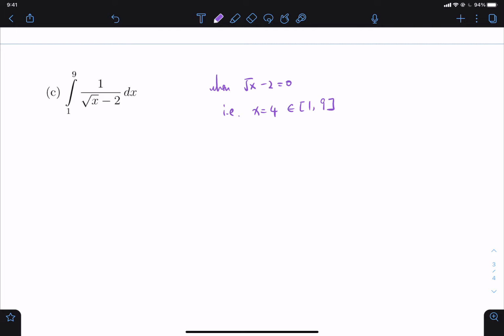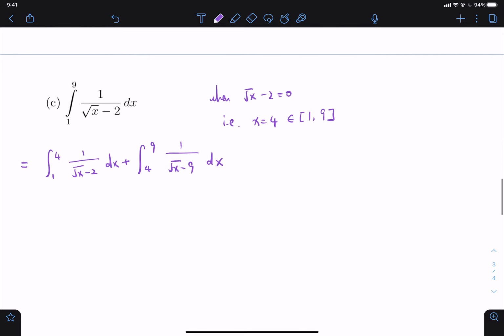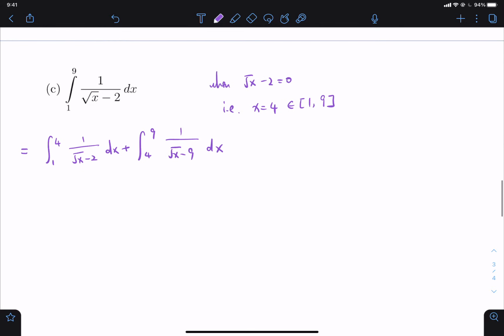So to consider it, we need to first break this into two integrals, that is from 1 to 4 of this, right, plus from 4 to 9 of this, and then we deal with the singular points at each of these integrals.